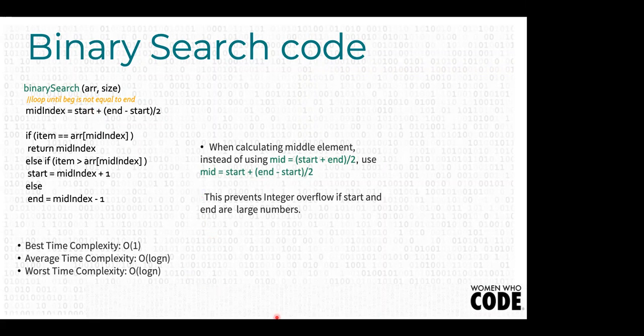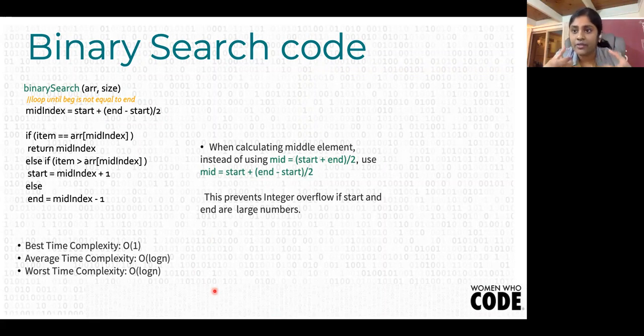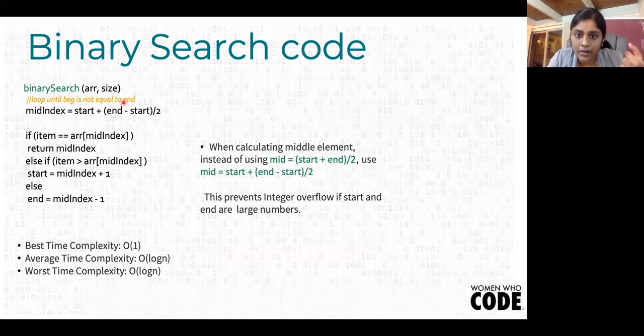So when we say start, we are calculating the index, right? Yes, we are initializing two pointers. We don't have it here, but let me go back to the previous slide.